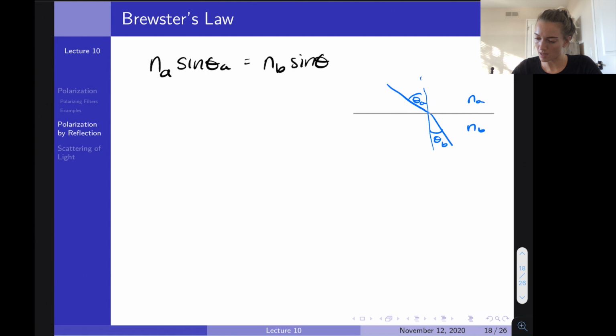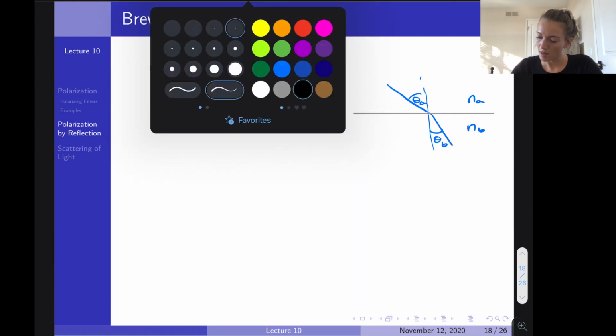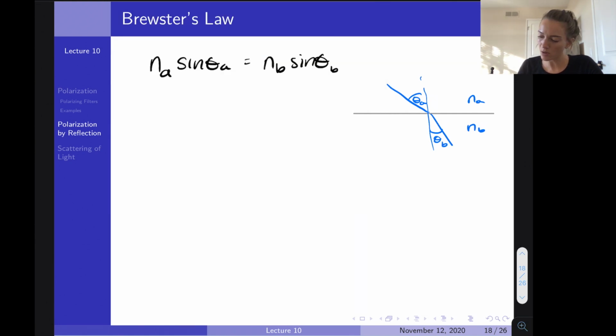Sorry, this should be a lowercase b. Okay, so now remember we said our Brewster angle and the angle of refraction add up to 90 degrees. So here, this theta A is equivalent to our Brewster angle, and because of the law of reflection, we know this is theta A and this is theta A.